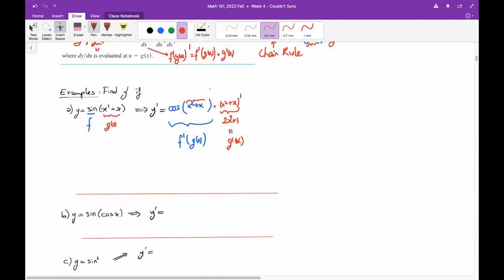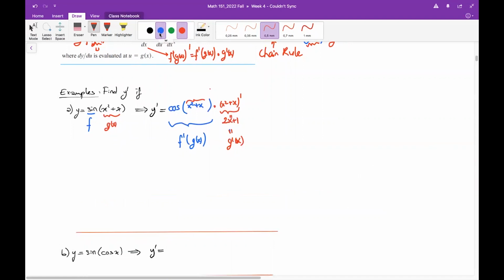Now we can solve the same question by using the Leibniz rule as a second way. Let's write it. Leibniz rule. This is the second notation that you can use. In this notation, you denote the function y as f of u, where f is sine, and we will call this part u now, x squared plus x.